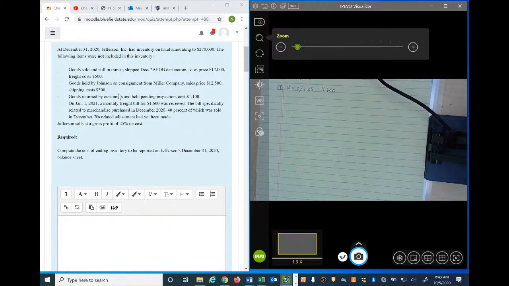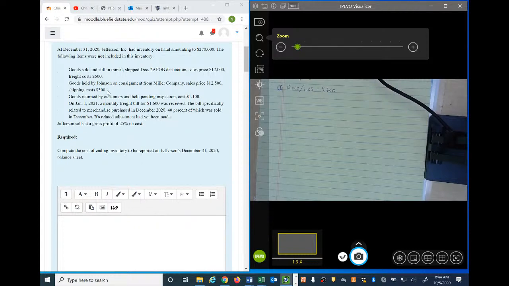Goods held by Johnson on consignment from Miller Company at a sales price of $12,500, shipping cost of $300. What do we do with this one right here? Goods held by Johnson. I don't know if that's a typo.